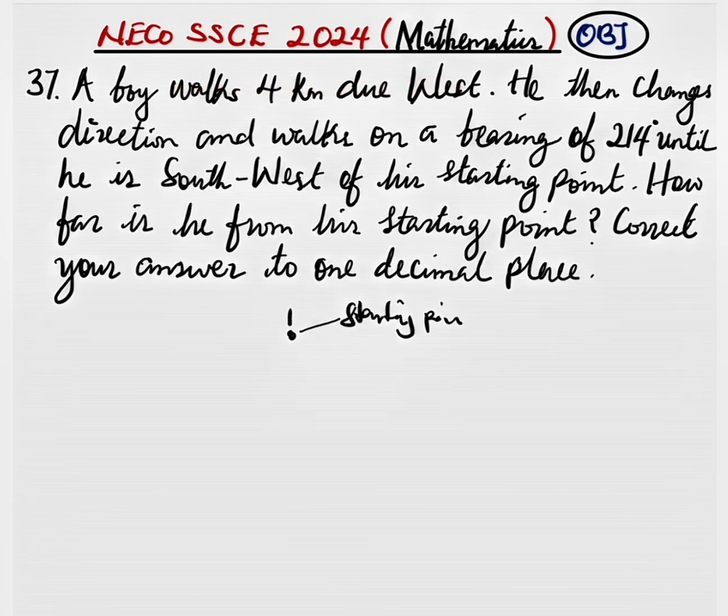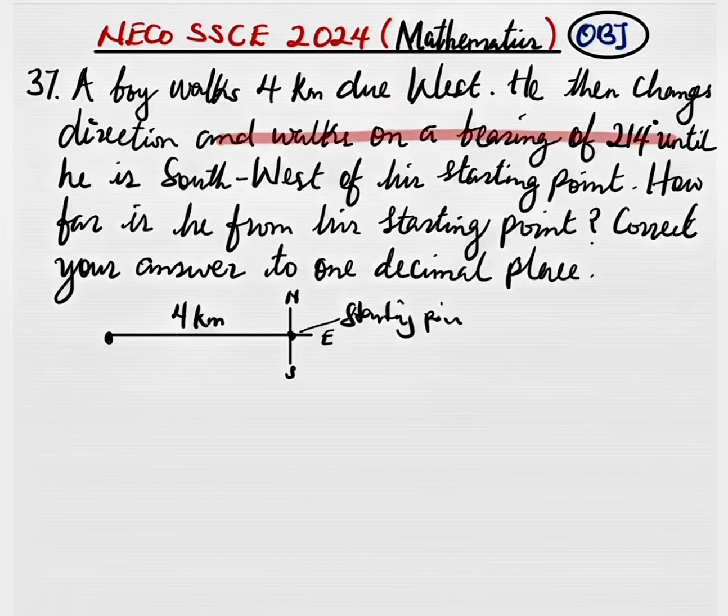So our cardinal directions, we have north, south, west, and east. So 4 kilometers due west will be in this direction. So he walks 4 kilometers. So this is his new position.